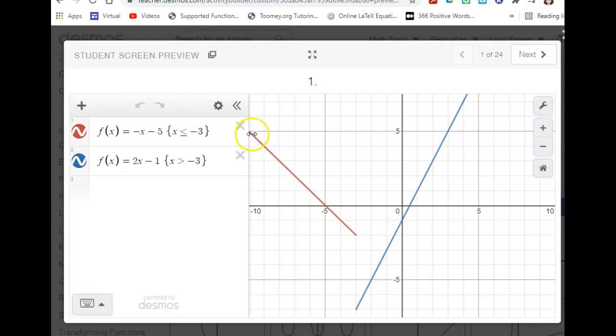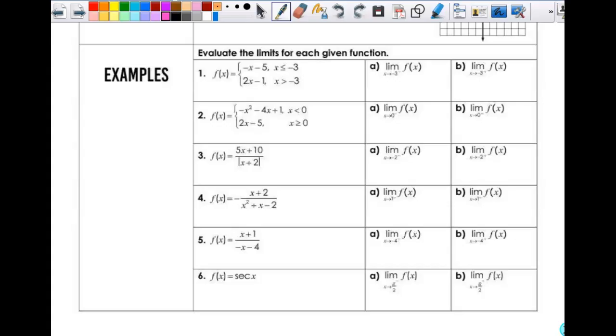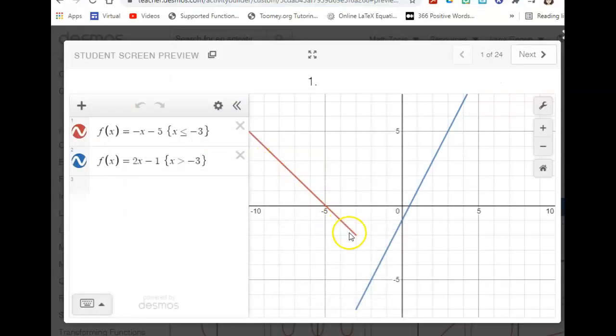So the limit as x approaches -3 from the left, that limit is -2. And as I approach -3 from the right, that's at -7. All right, so that's -2 and -7, because again, we're approaching -3 from the left, and then from the right.